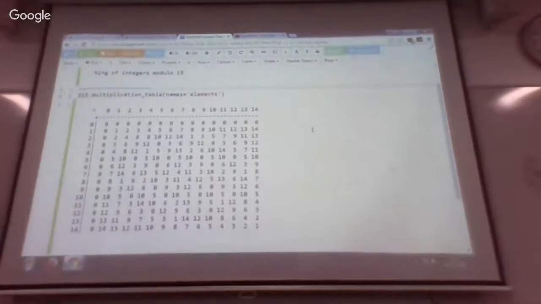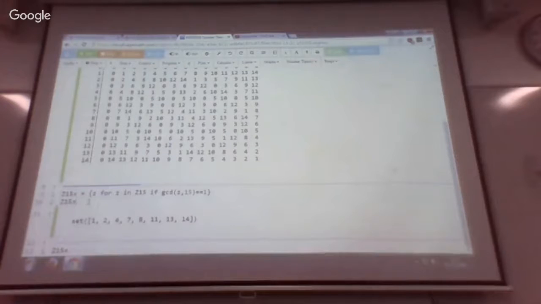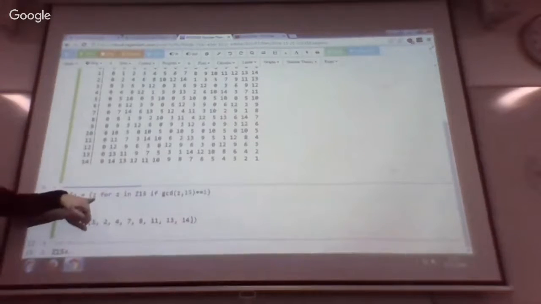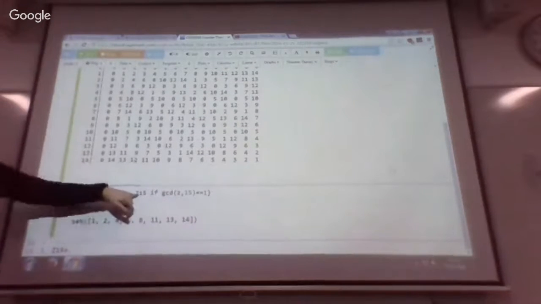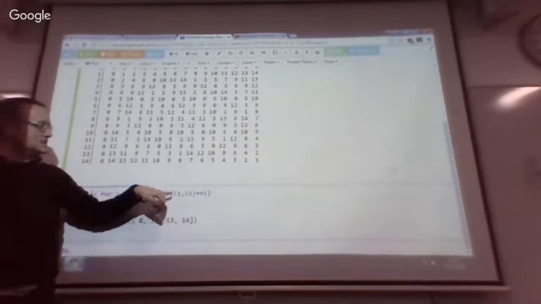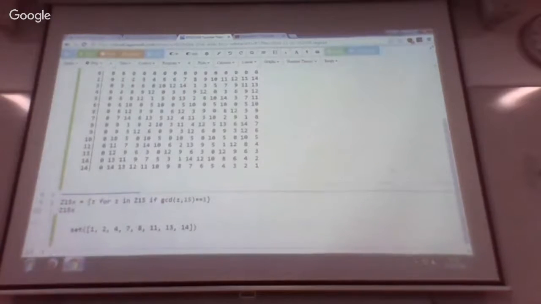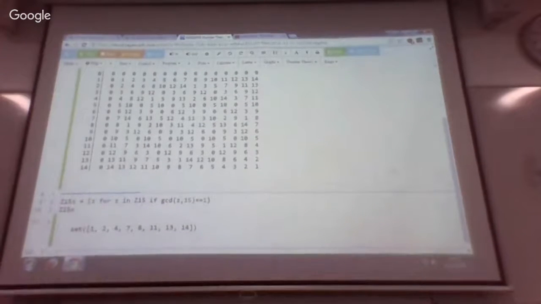Okay. Now when we do eliminate all those elements, just what I do down here, I define a new variable z15x, so this consists of all the z's for z in Z15, everything between 0 and 14, but only if the GCD of z with 15 is equal to 1. So that is, as you can see here, just the set of things that are coprime to 15.